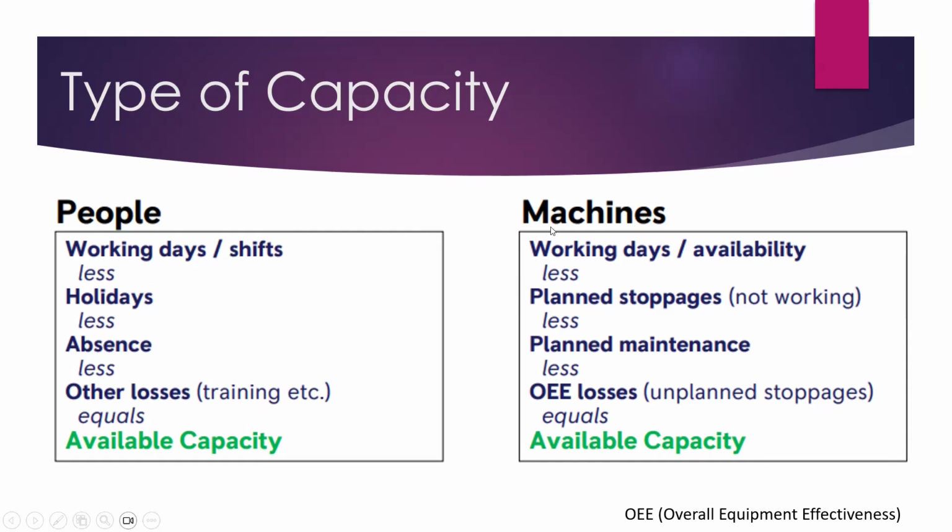In the case of machines, we have working days, and from working days we subtract planned stoppages, that is, the machine is not working due to any planned reason or planned maintenance, and we also need to account for overall equipment efficiency, which includes unplanned stoppages, and this results in the calculation of available capacity of machines.